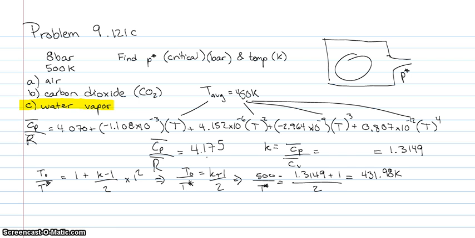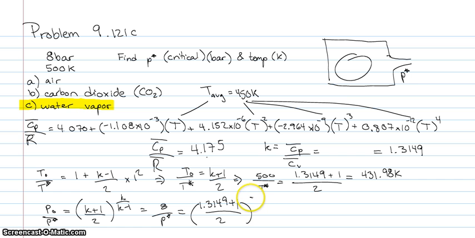Next we need to solve for the pressure. We use a very similar method. Oops, almost forgot a variable. There we go. So again, we're just going to plug in the values we have. We were given the initial pressure as 8 bar over the critical equals 1.3149 plus 1 over 2 over, or in the 1.3149.